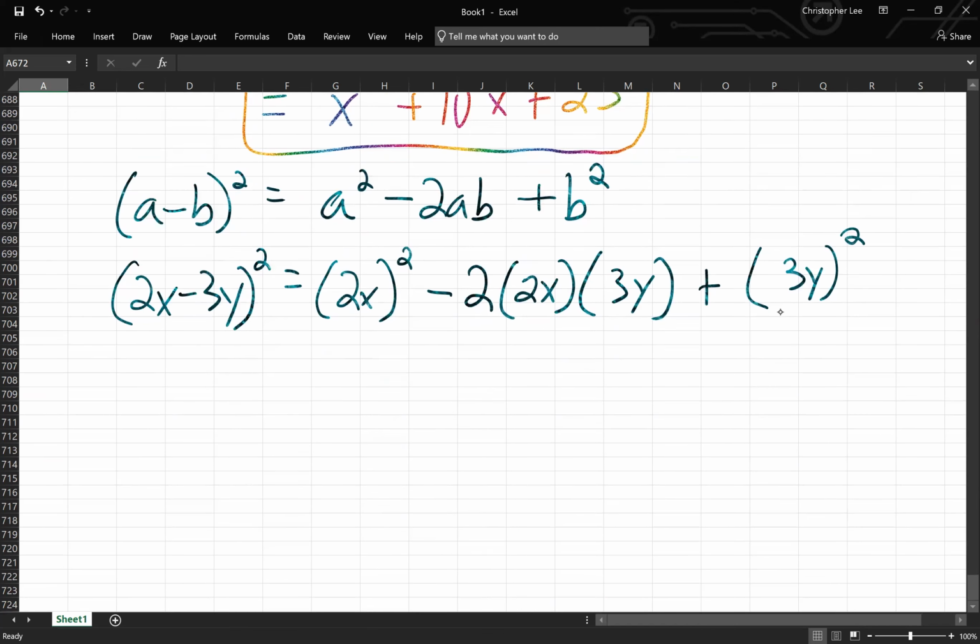Now, let's do the math on it. Nothing crazy. This becomes what? 4x squared minus, let me see. 2 times 2 is 4. 4 times 3. What's that? 12xy. And then plus 9y squared. That's it. This will be my final answer.